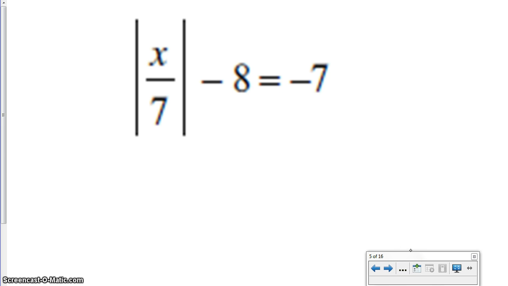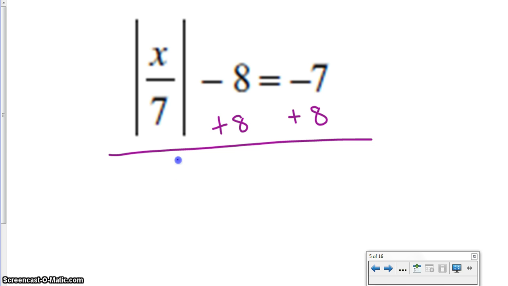Very good. Now, let's see if you can do this one. Add 8 to both sides, and you get the absolute value of x divided by 7 is equal to 1. Okay, now not so fast, my friends, because this 7 is not a coefficient. This divide by 7 is actually part of the absolute value.